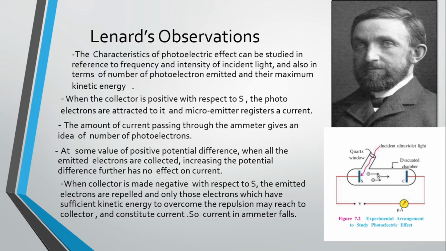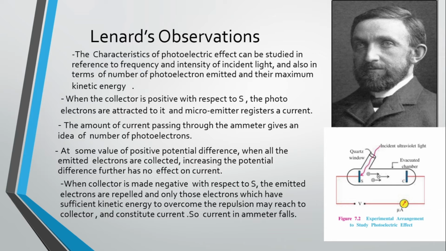When the collector is positive with respect to S, the photoelectrons are attracted to it, and the microammeter registers a current. The amount of current passing through gives an idea about the number of photoelectrons coming out. At some value of potential difference, when all emitted electrons are collected, increasing the potential difference further has no effect on the current.